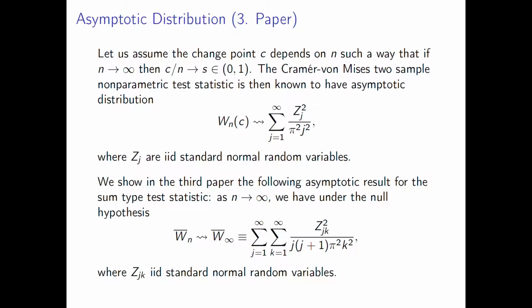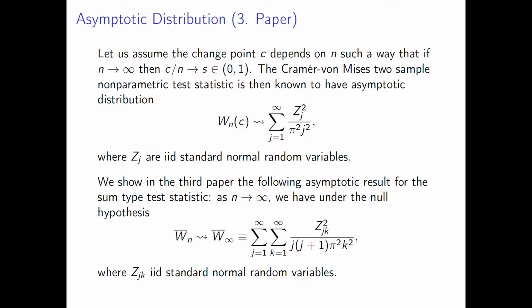And we also show in the third paper that the summation type test converges weakly to this series, where Z_jk are IID standard normal random variables. But we can see that we have an infinite number of components.